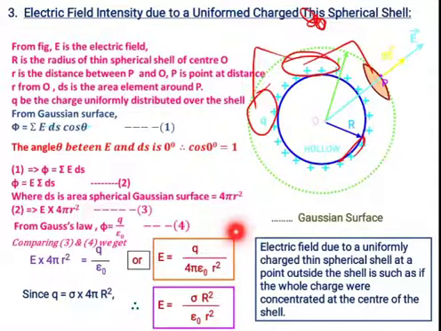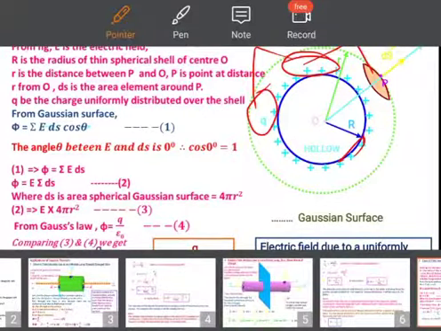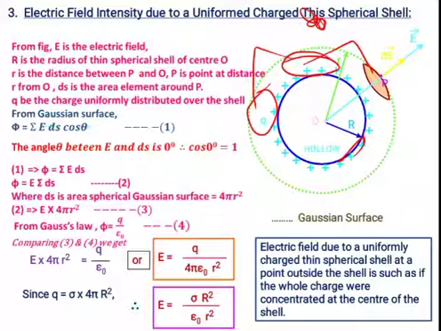Instead of this q, if I substitute sigma 4 pi capital R square, the 4 pi epsilon naught cancels. This capital R square remains the same, sigma remains the same, and 4 pi epsilon naught cancels. So what is the final expression?